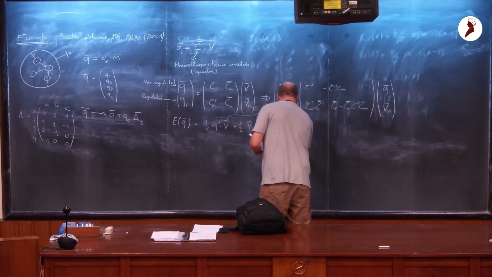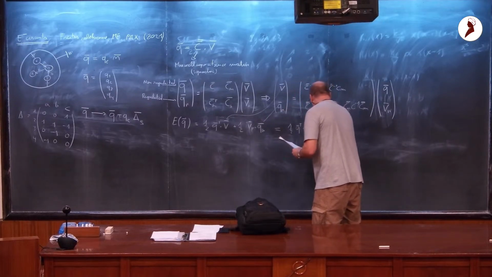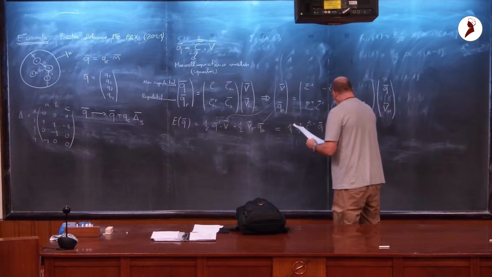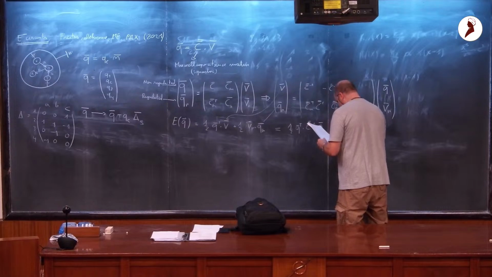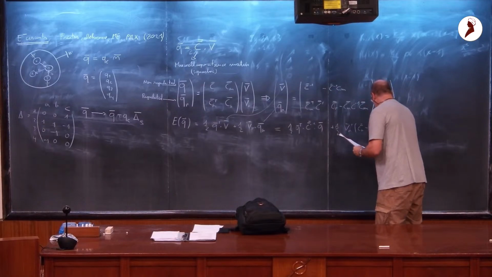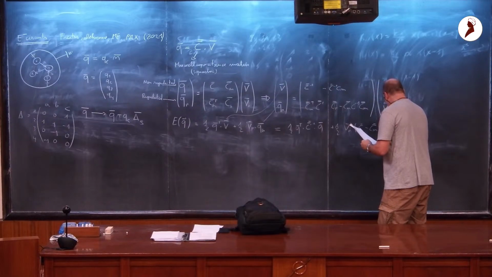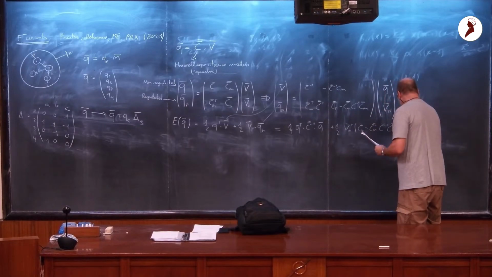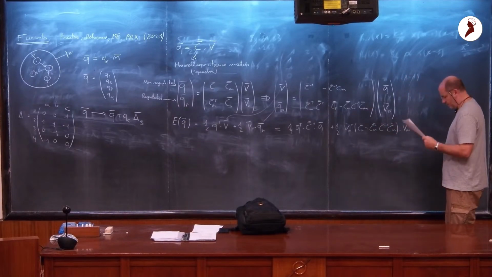You have a cancellation and you get Q transpose C minus 1 Q plus 1/2 VR transpose CR minus CM. Voilà. No, this is R.